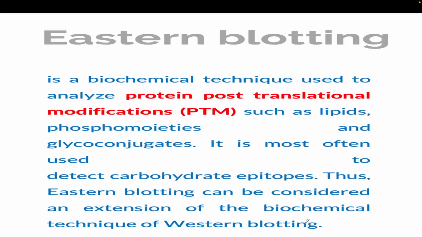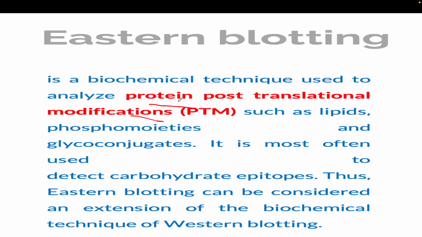Apart from these three blotting techniques, recently there is also eastern blotting, which is a kind of blotting technique most commonly used for protein post-translational modification. We can say it is an extension of western blotting, because here it is also identifying the protein.